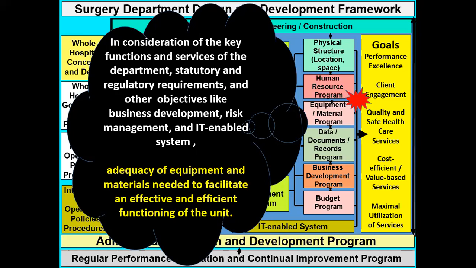Number two, statutory regulatory requirements and other objectives like business development, risk management, and IT-enabled system. As I said, the document must rationalize the requirements of the equipment and material program for a particular department of surgery.